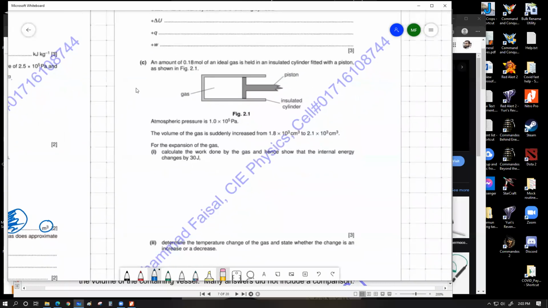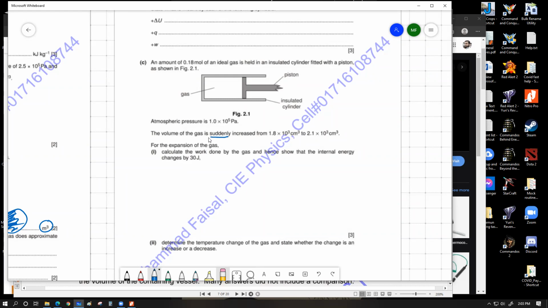And then part C, it says an amount of 0.18 mole of an ideal gas is held in an insulated cylinder fitted with a piston, as shown in figure 2.1. Atmospheric pressure is 1.0 × 10⁵ Pascal. The volume of the gas is suddenly increased. Suddenly, a very important keyword. Suddenly is going to cause the process to be an adiabatic process.